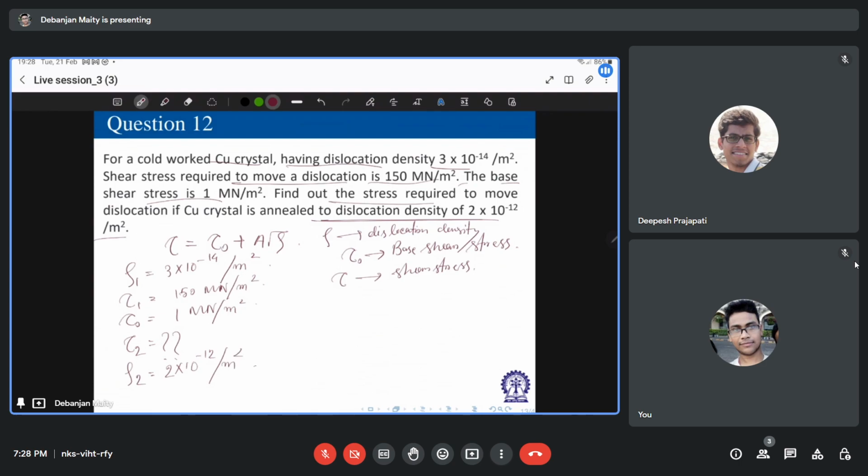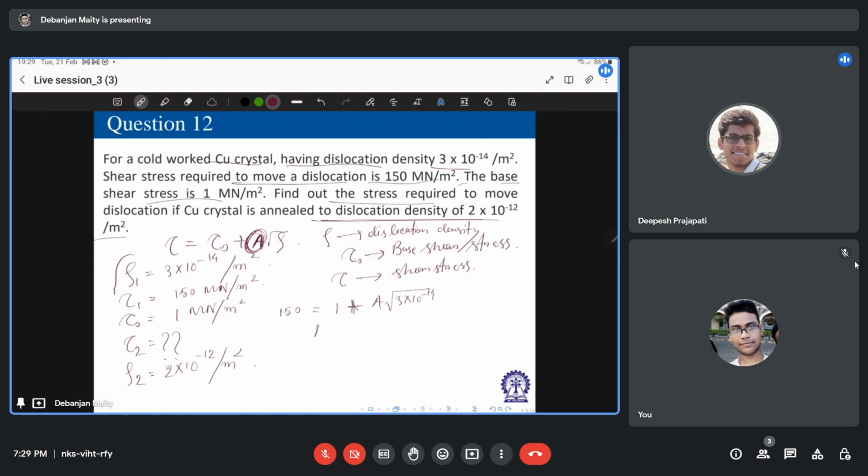Can you tell me a quick answer? Basically, for all the suffix of 1, you need to find the value of a. 150 is equal to 1 into 1 plus a into root 3 into 10 to the minus 14.